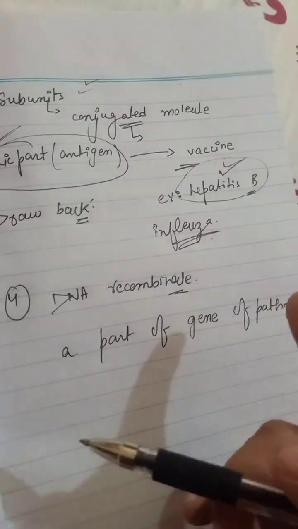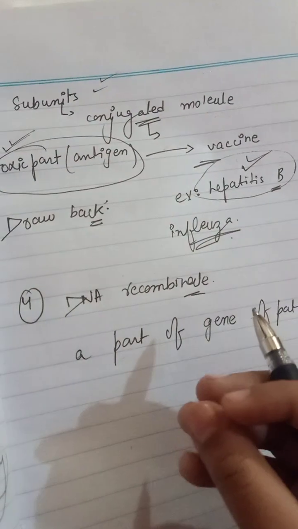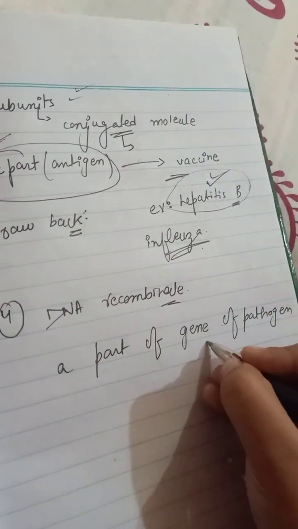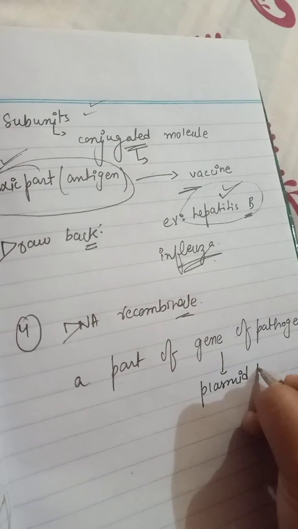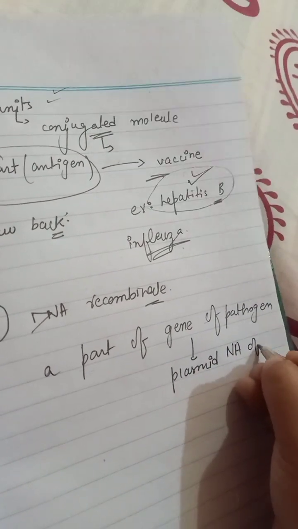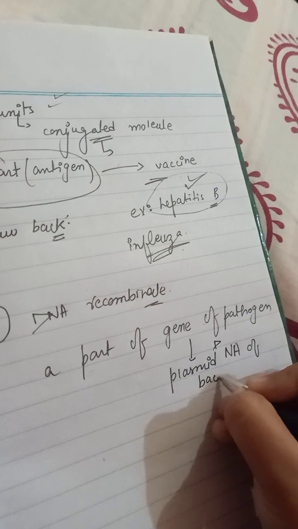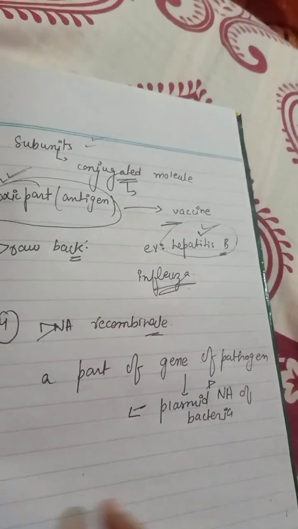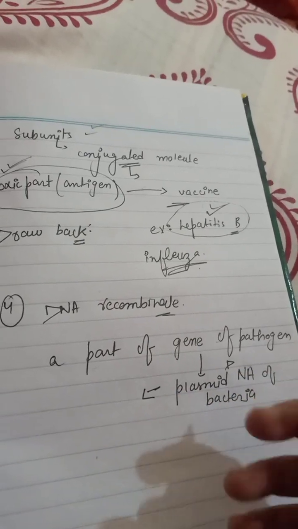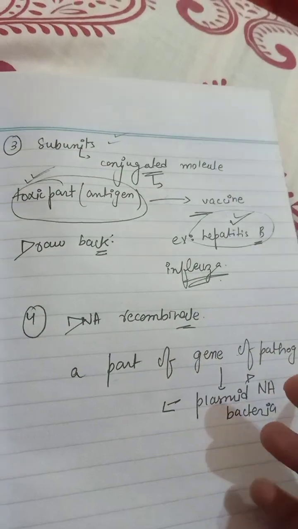We will take that gene and insert it into the plasmid DNA of bacteria. What is plasmid DNA? It is extra DNA which is used to insert genes into bodies.